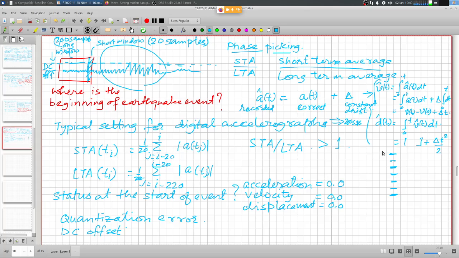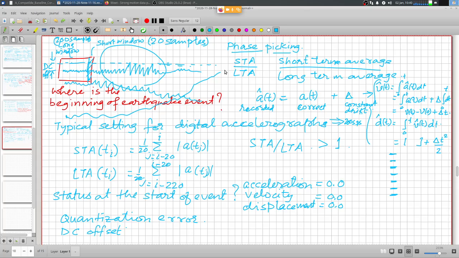And that is why, if you look at many of the records, the velocity trace might show a linear trend, and the displacement would look something like this.